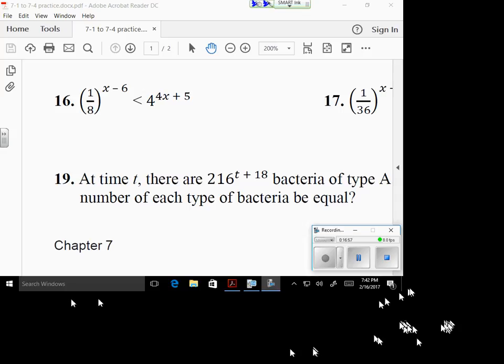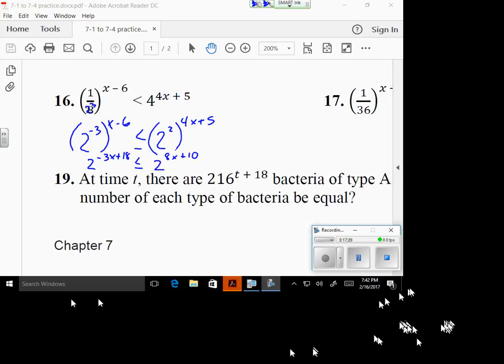16, 8 is the same as 2 to the third. So this would be the same as 2 to the negative third to the x minus 6, less than or equal to 2 squared to the 4x plus 5. So that means that 2 to the negative 3x plus 18 would be less than or equal to 2 to the 8x plus 10.